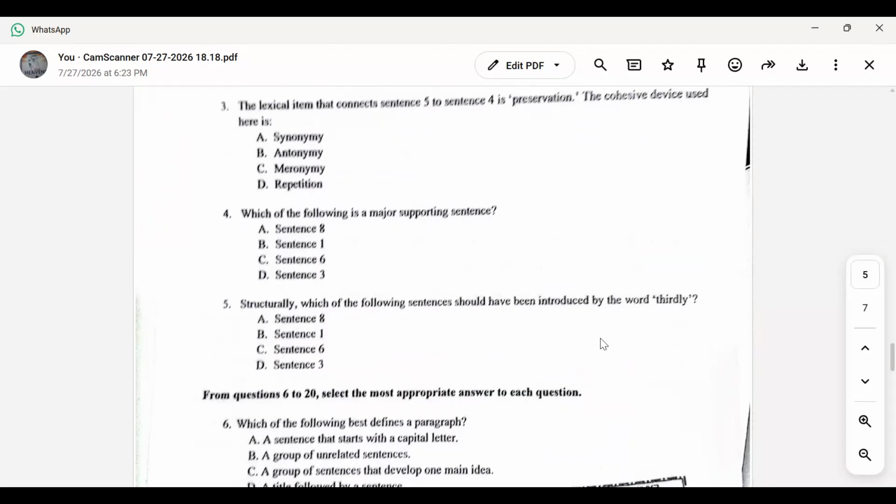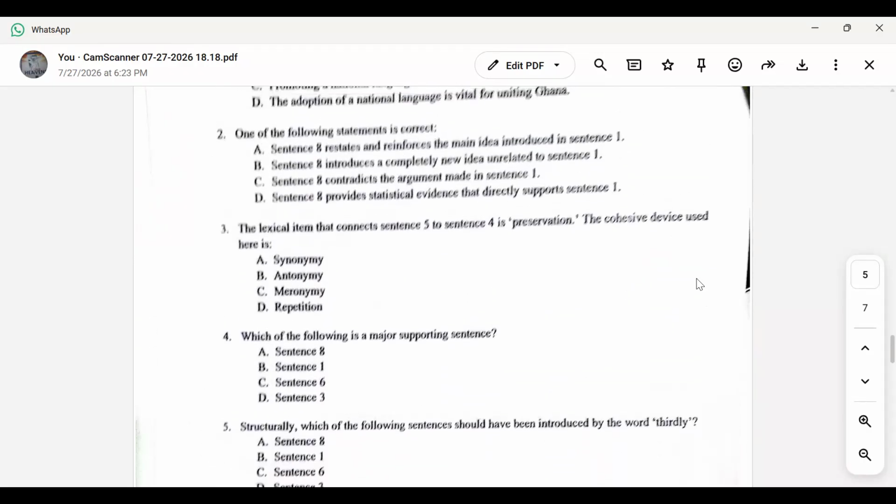Question 4. Which of the following is a major supporting sentence? A. Sentence 8. B. Sentence 1. C. Sentence 6.